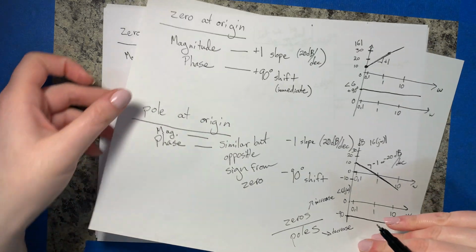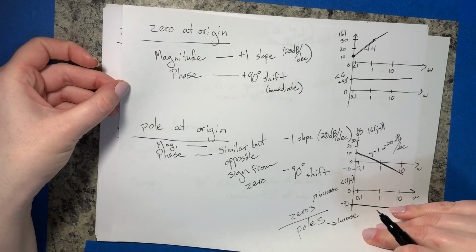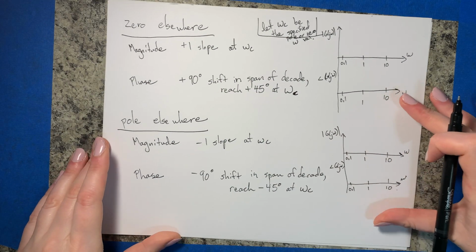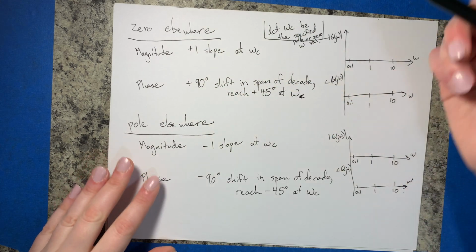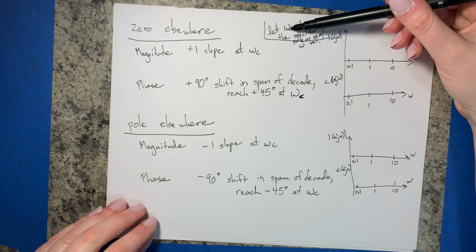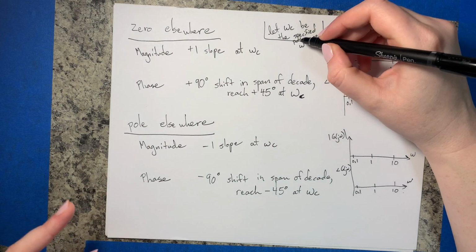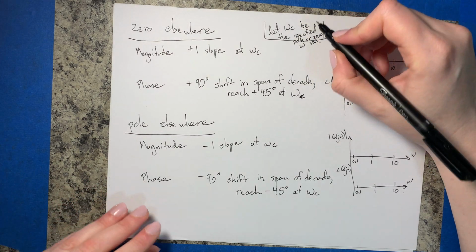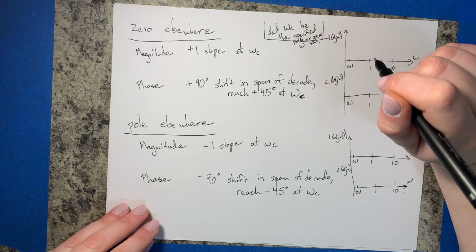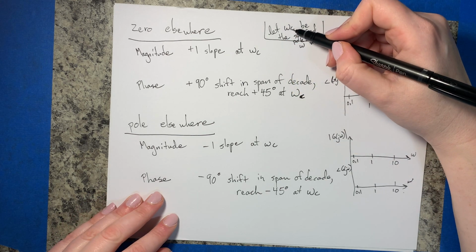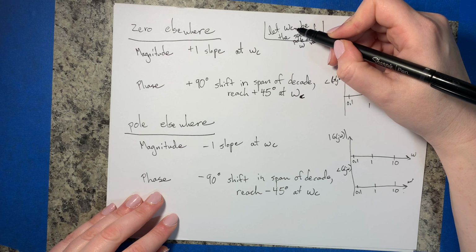Now, zeros and poles can obviously happen at other places, so let's talk about that next. So say, in these examples, we have omega sub c be a critical frequency that is either our pole or our zero that we're talking about. It happens at a specific omega value, so this is basically the frequency our pole or zero happens at.